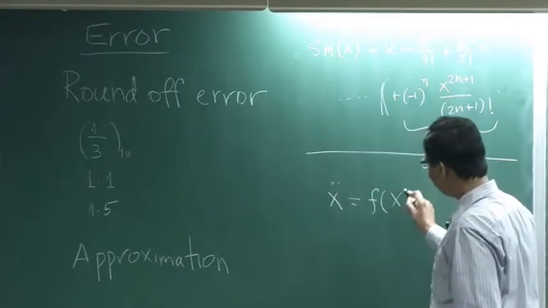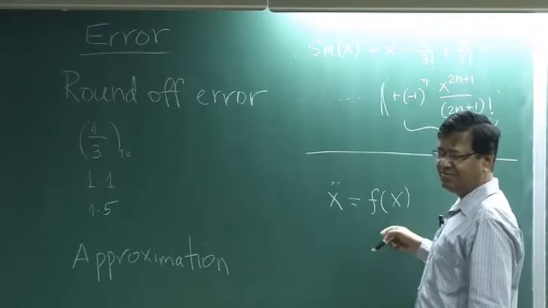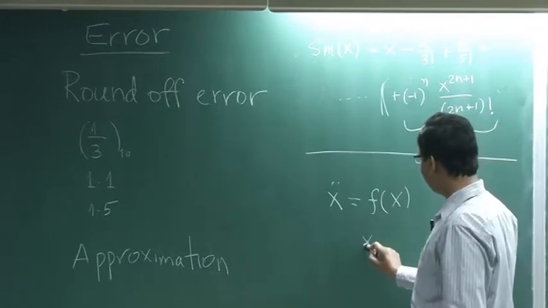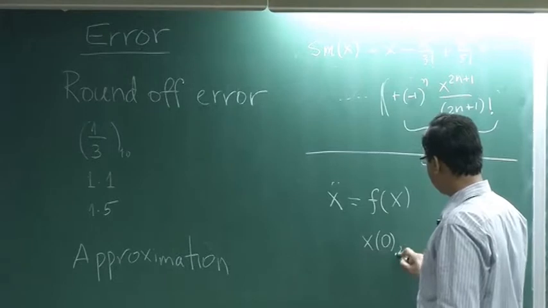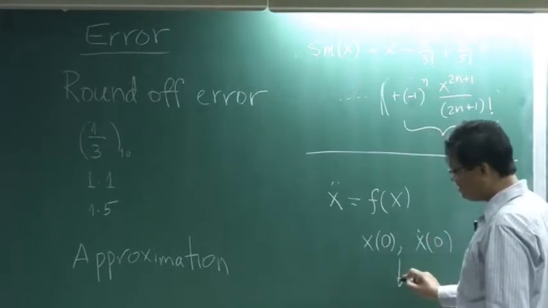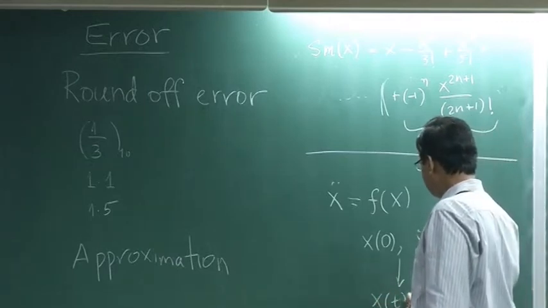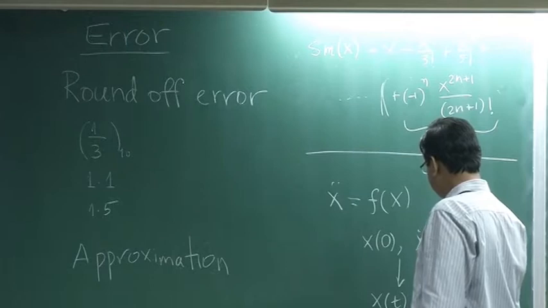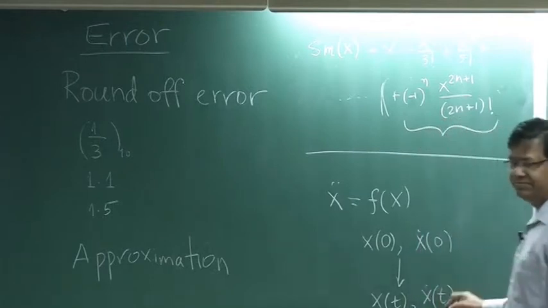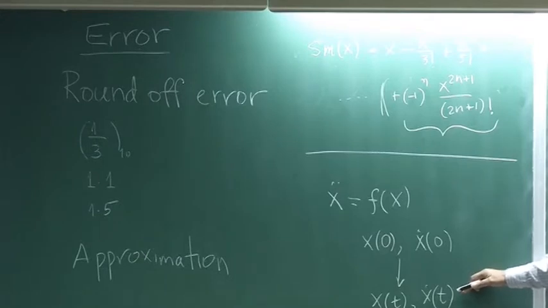This is a differential equation, and given the initial condition x0 and x dot 0, I am going to do time stepping and reach xt and x dot t. This is Newton's law. Now, this is not going to be done in one shot in the computer. The computer does small time steps and reaches it.